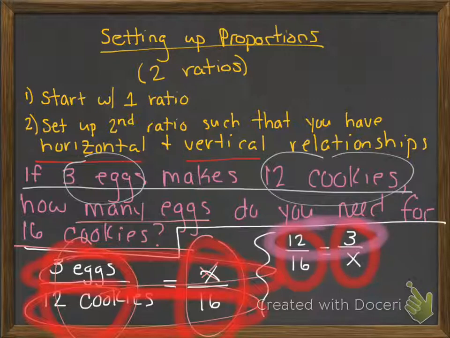Here 3 eggs make 12 cookies, and here X eggs make 16 cookies. I'm probably going to stick with this way just because it's easy to set up my first ratio. So just set up your first ratio and then figure out your second one such that you have horizontal and vertical relationships.